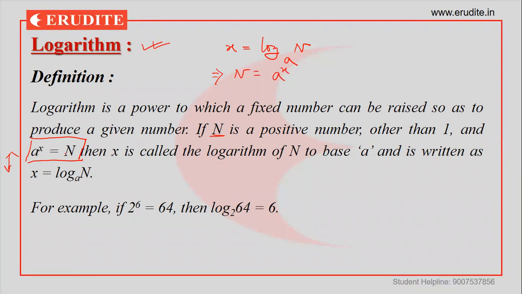This is written here: a to the power x is equal to n, and x is equal to this value. This is basically the log. And in this case, whenever the first one is written, I can write it down that it is nothing but log of n to the base a. This way we normally mention the statement of log.